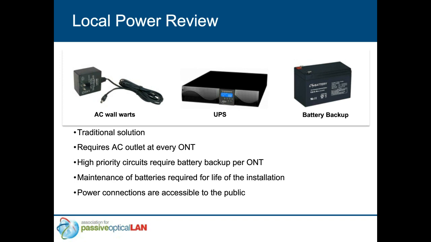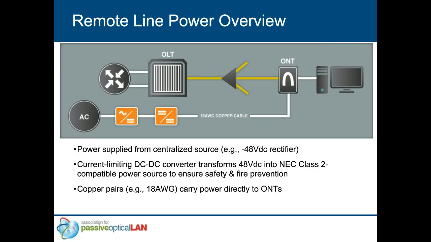topic. So with remote line power, the power source is actually centralized. So you can see in the diagram there's AC that comes into an AC to DC rectifier. That rectifier connects to a DC-DC converter, which has some special current limiting capabilities in it.